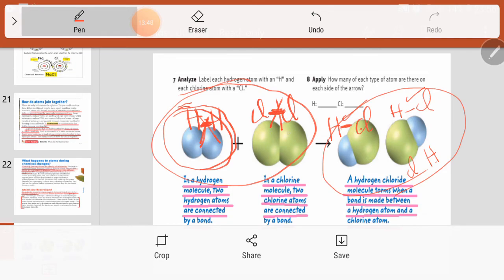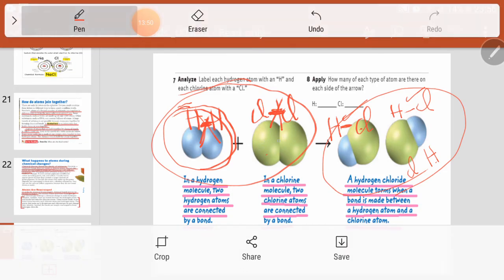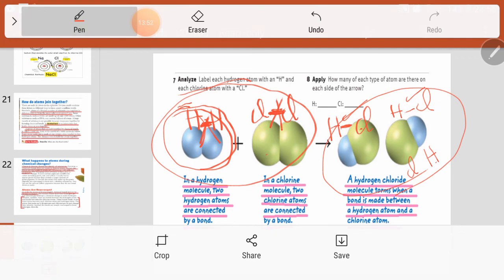How many chlorine atoms were there in the starting materials, how many chlorine atoms were there in the products. Okay, so here these are starting materials or reactants. Here these are products. So that's it. Do it. Answer it by yourself. It's very easy.